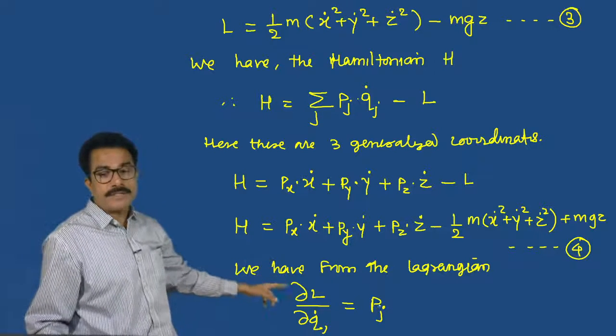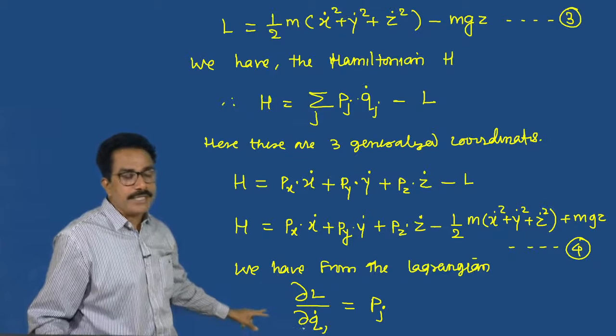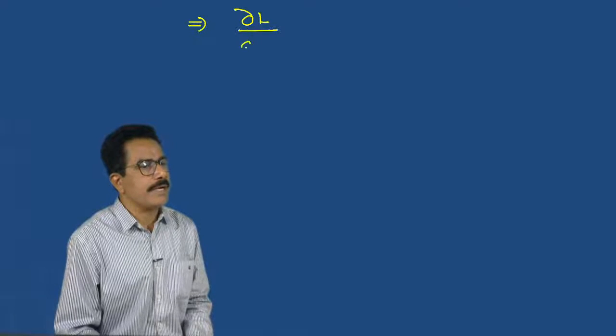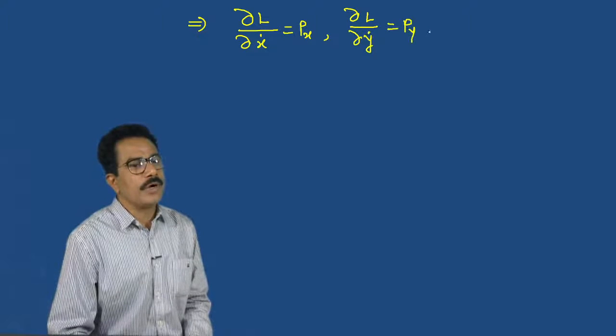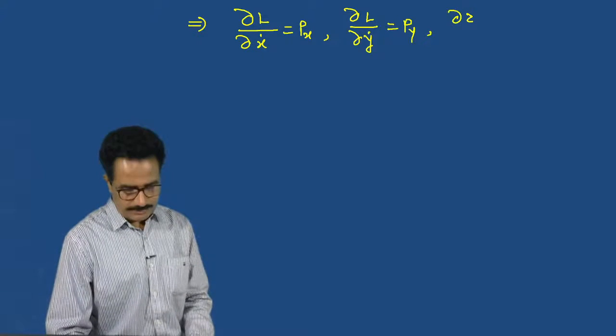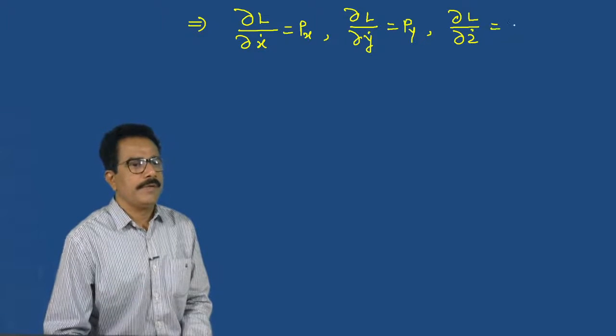But there are 3 generalized coordinates and 3 generalized velocities, so we can write dou L by dou x dot equals px, dou L by dou y dot equals py, and dou L by dou z dot equals pz.